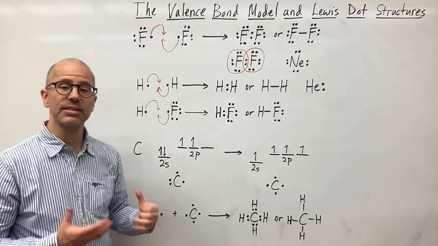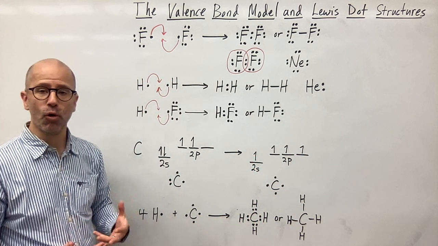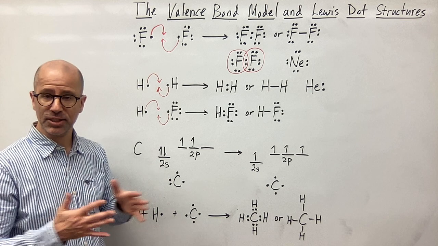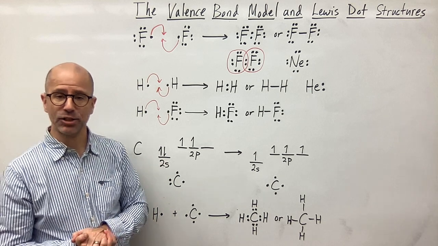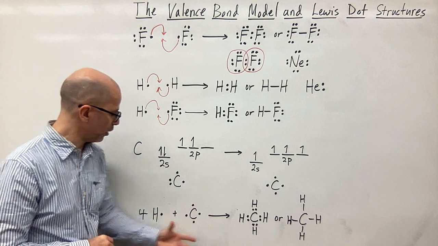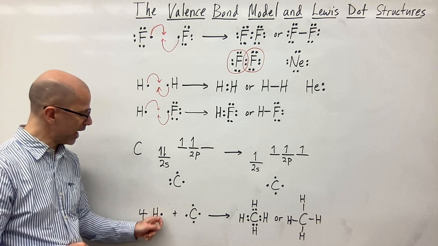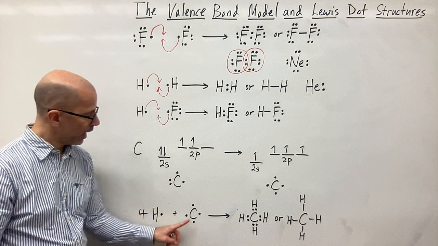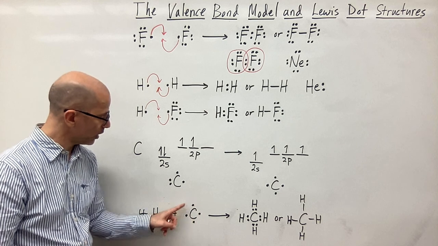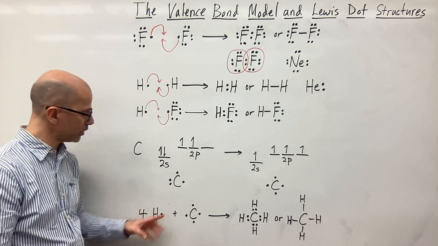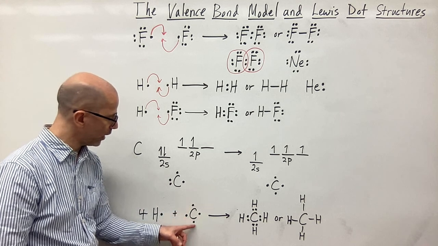And so this allows carbon to bond 4 times and therefore create these hydrocarbons, these long chains of carbon and hydrogen. So here's an example of methane. If you have 4 hydrogens, each hydrogen has 1 unpaired electron, and you have carbon with 4 unpaired electrons, then carbon is going to bond with the 4 hydrogens to form 4 covalent bonds.